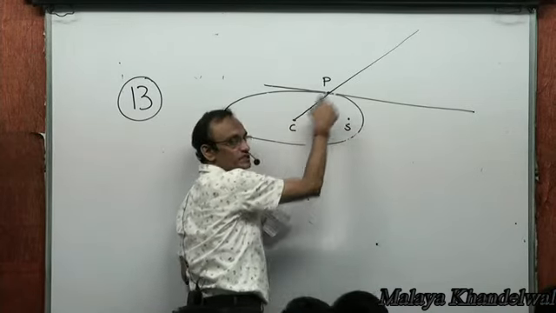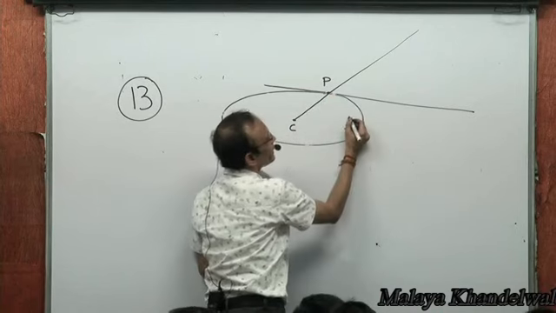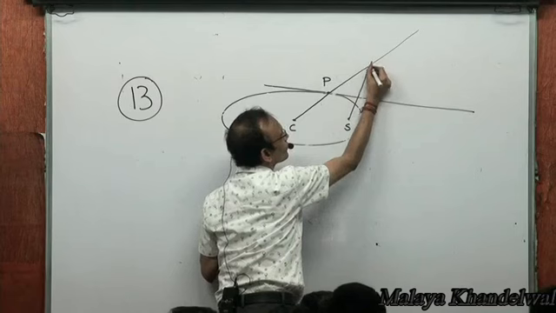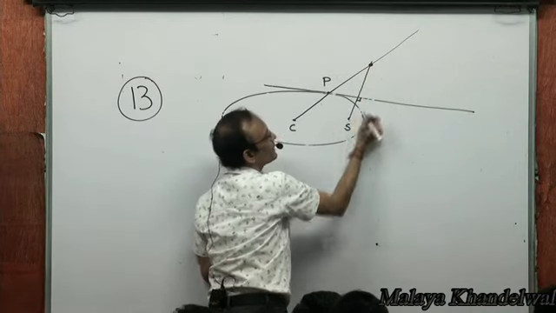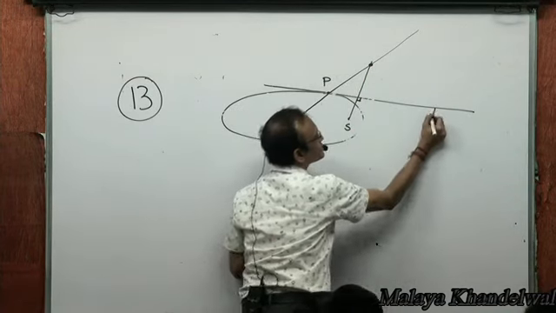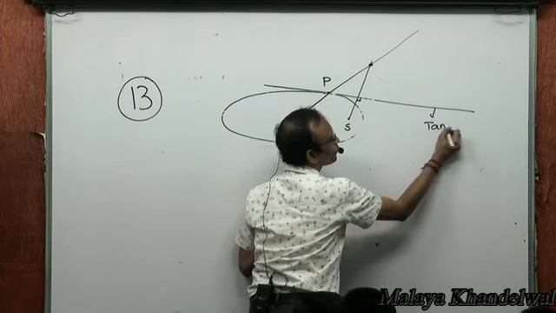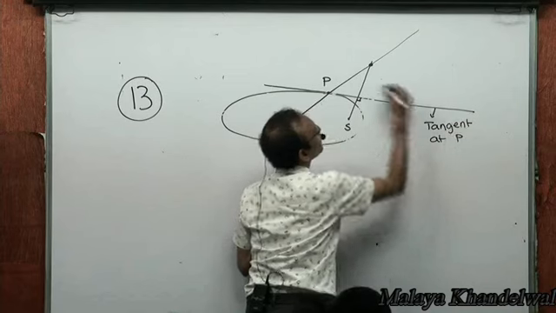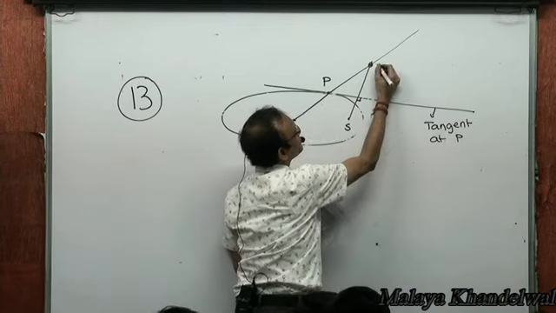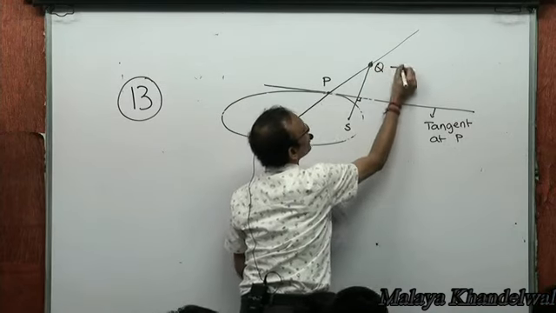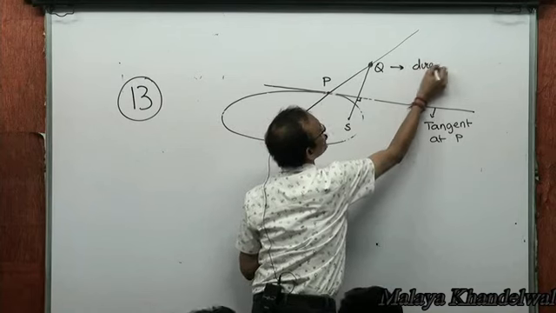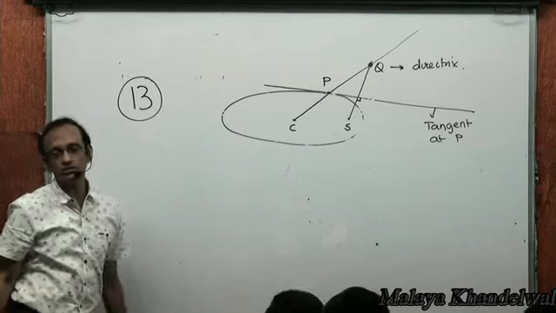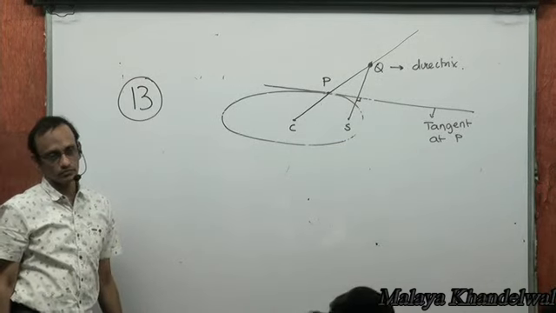This is the line joining the center to the point of tangency, and the perpendicular from the focus onto this tangent at P, they meet at a point Q. We want to show that this point Q lies on the directrix.